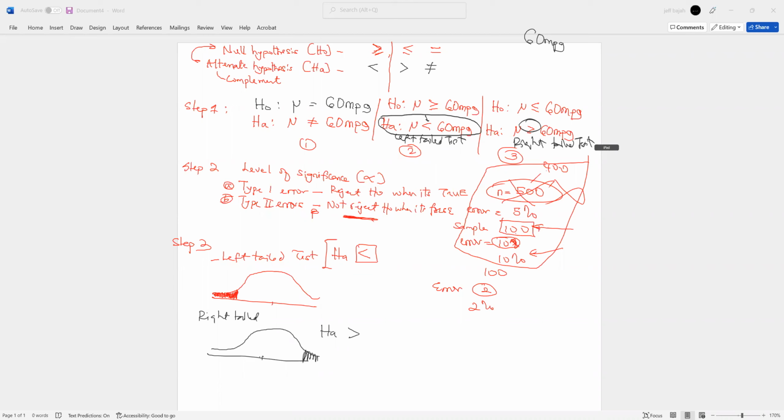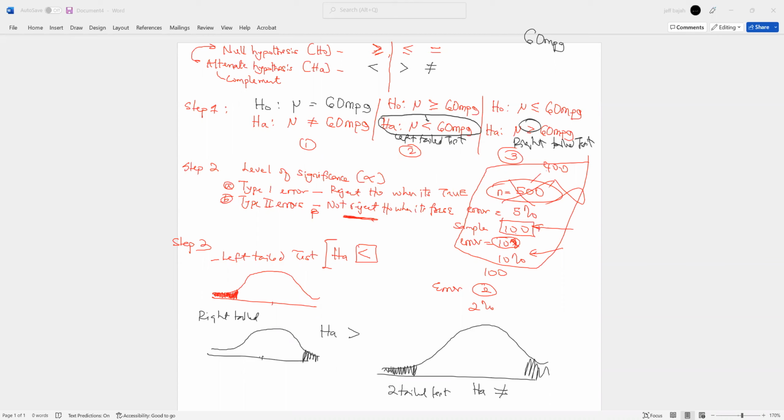right? Third, when you have a scenario, you can see in this case the values are on both sides, right? This is an example of a two-tailed test. We're going to do a couple of them in class so you get comfortable with them. For a two-tailed test, we know the test is a two-tailed test when HA has the not equal to sign.